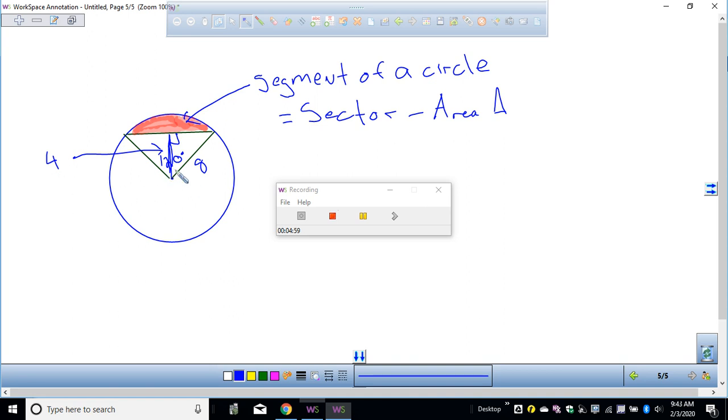If you did not know that, it might be a right triangle, and then you could go base times height divided by 2. So you have to know how to find the area of the triangle. So this would be how many 360ths? 120 360ths of pi times what squared? 8 squared, minus, how do I find the area of the triangle?